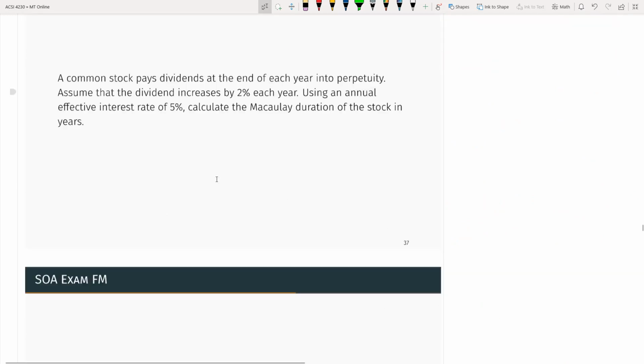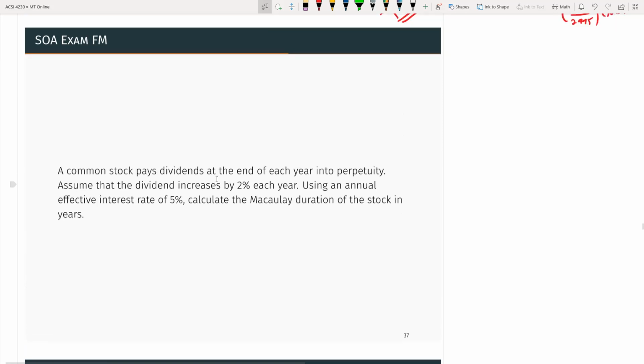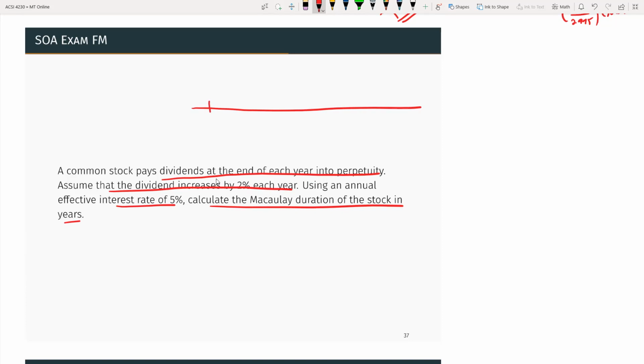So here's another exam problem. This one says a common stock pays a dividend at the end of each year to perpetuity. Assume that the dividend increases by 2% each year. Using an annual effective rate of 5%, calculate the macaulay duration of the stock in years. Okay, so here is 0, 1, 2.